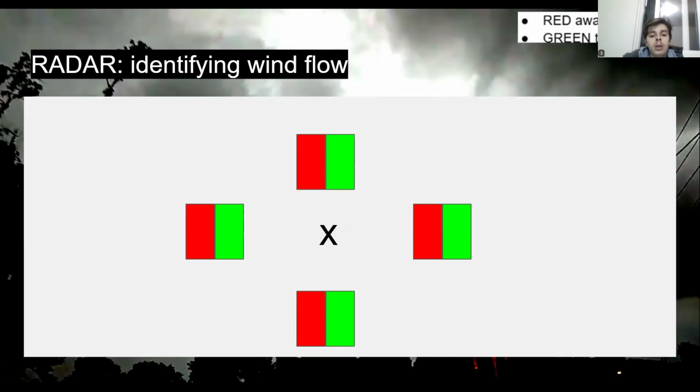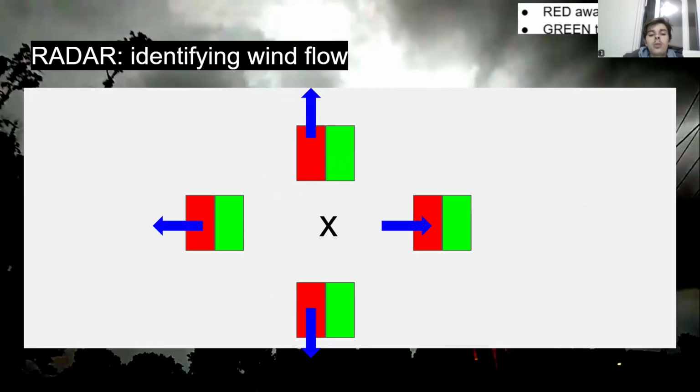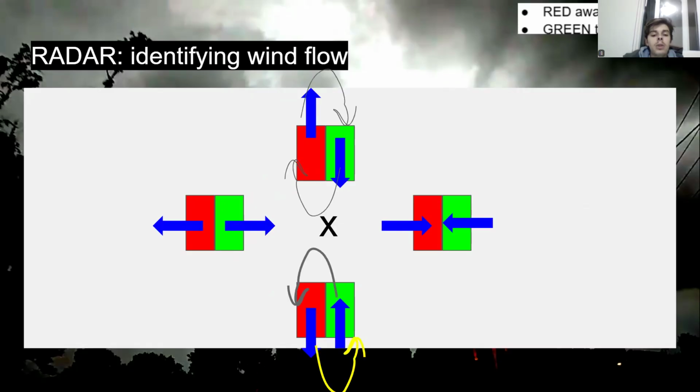Anywhere where it's red, you know that the wind is away from the station. Anywhere where it's green, it's flowing towards. So in a situation like this, for this top and bottom, as you can see, there's two different directions with respect to the station. It's going away and then towards.